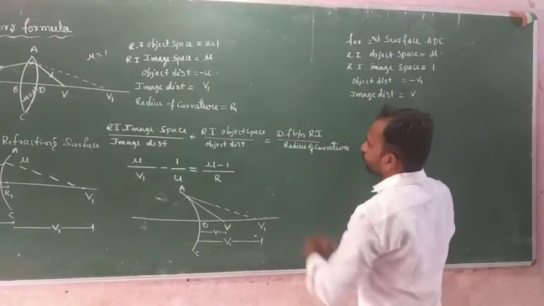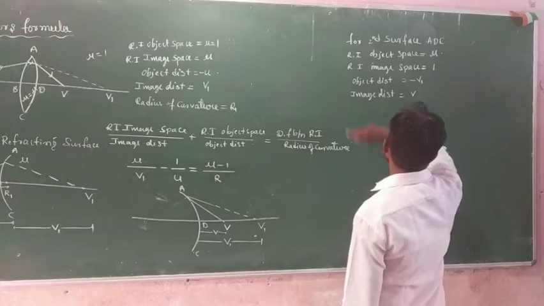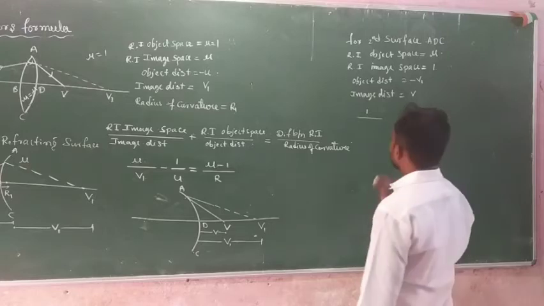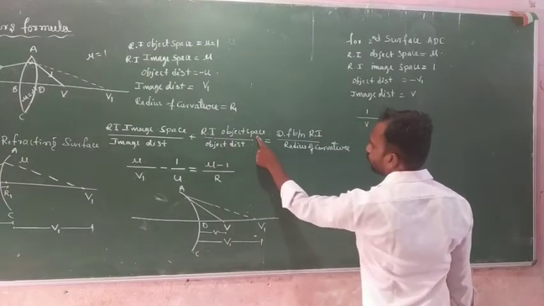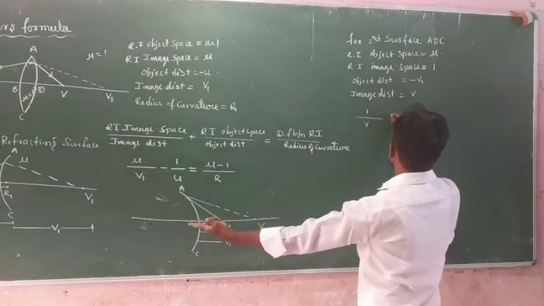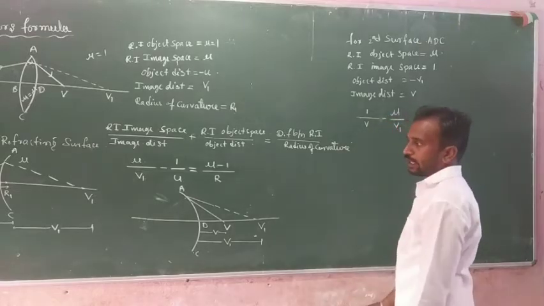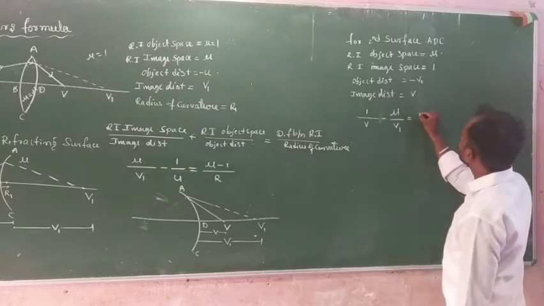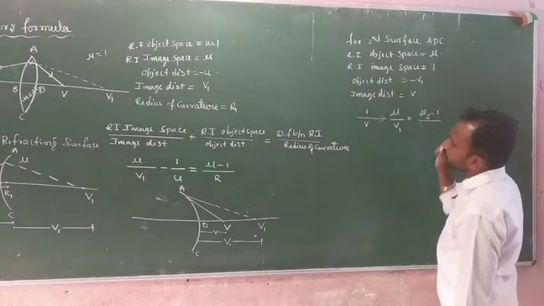So here first, the refractive index of image space is 1 divided by image distance V, next plus the refractive index of object space, mu, divided by minus V1, is equal to the refractive index of the second media minus the first media divided by the radius of curvature.